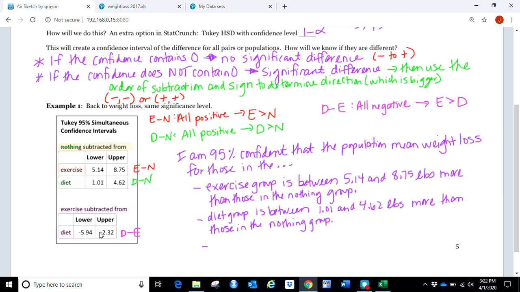So I'm going to be 95% confident that our population mean weight loss for those in the exercise group is between, I'm going to put them in the smaller order, so 2.32 and 5.94. So again, just getting those numbers without the negatives, because I'm going to use the negative here in a moment. Pounds more than those in the diet group.